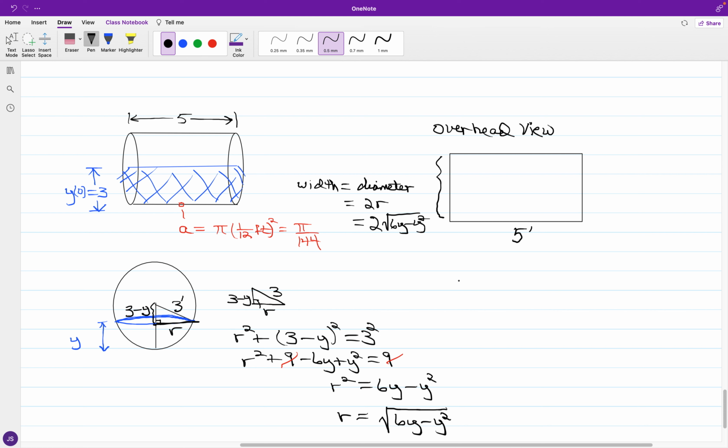And for the cross-sectional area, you have length times width.